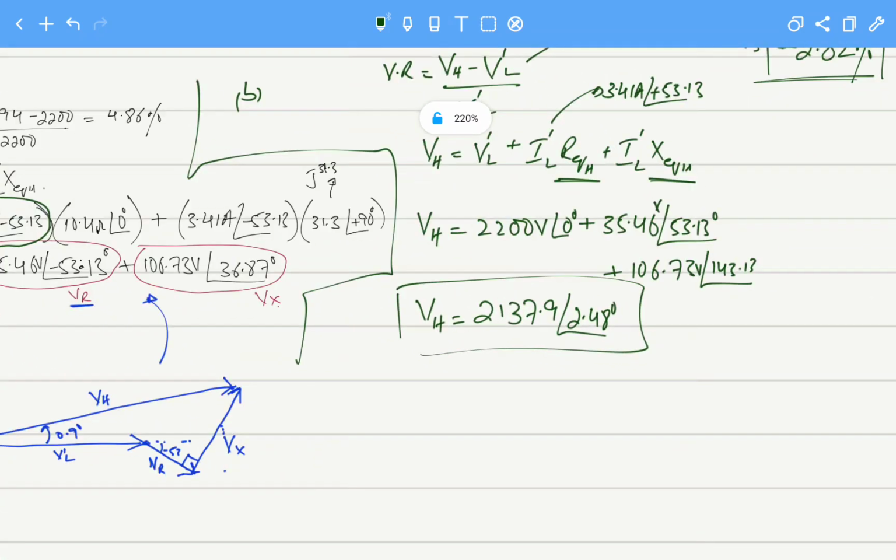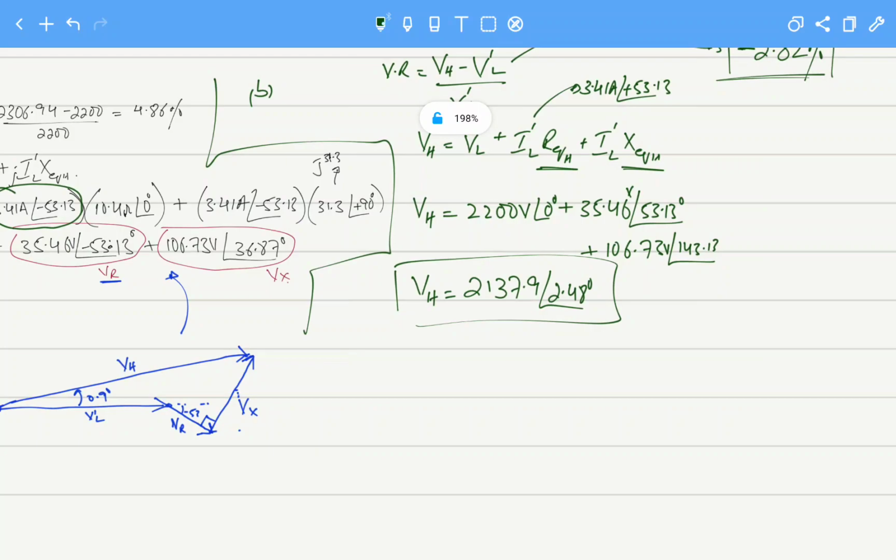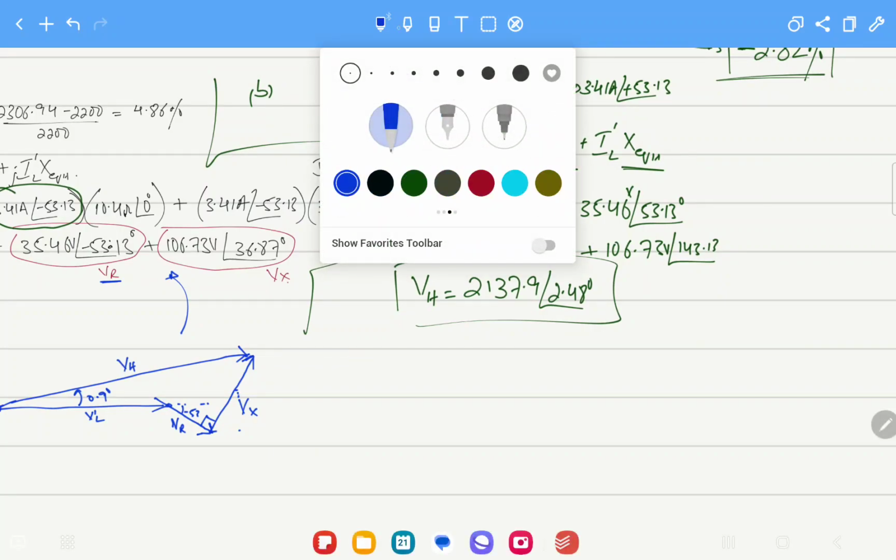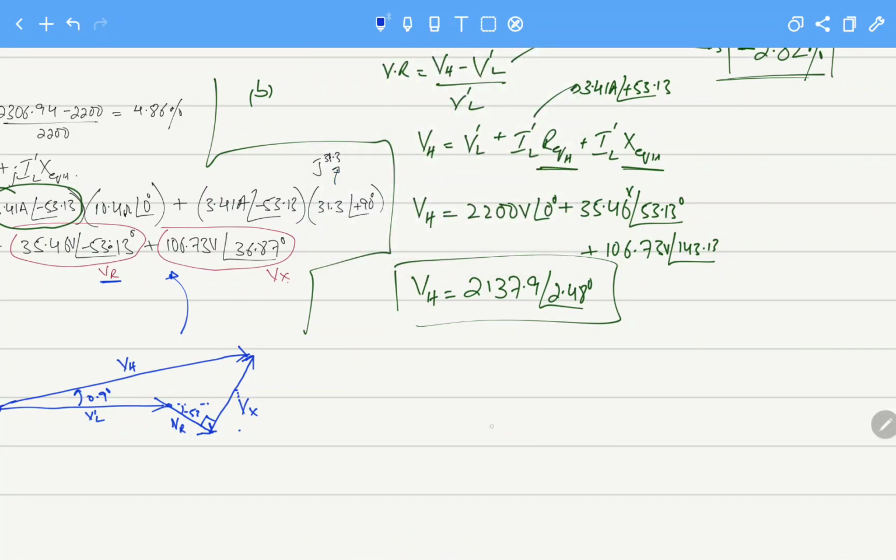And let's try to draw the vectors for this scenario. So we have our reference V dash L, that is 2200. Then we have an angle 53.13. It will not go downwards, it is a positive angle, so it will be like this, right? 53.13.